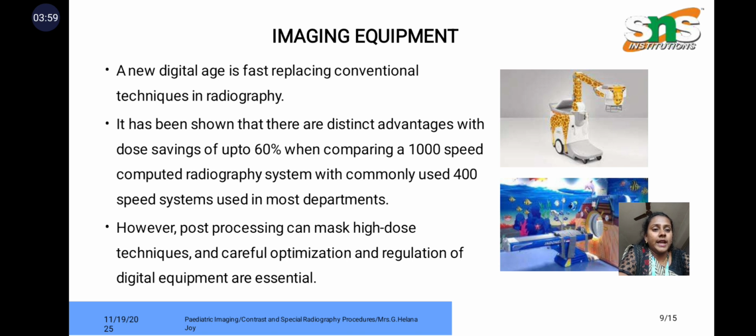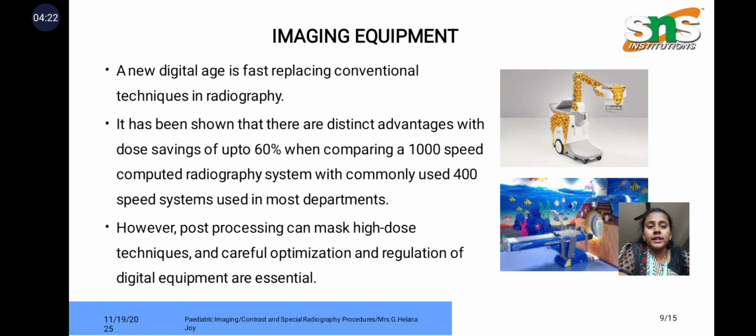Coming to the next slide, which describes the imaging equipment. We have to use digital radiographic equipment for capturing fast images of pediatric children.